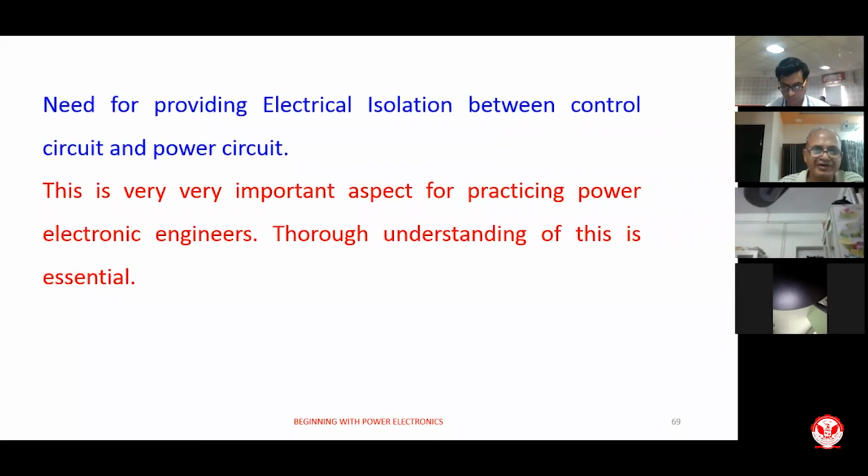I went to Mumbai and bought a book, the GE SCR manual, and that manual gave some details, and from there I started learning the skills required in the field of power electronics and started growing. Now I share through my lectures how you can make your own power electronic converters comfortably like that.